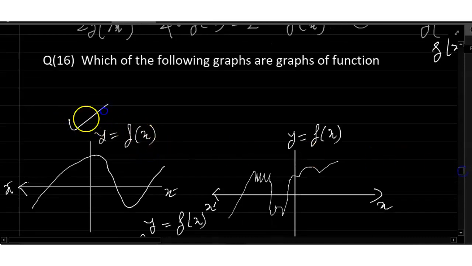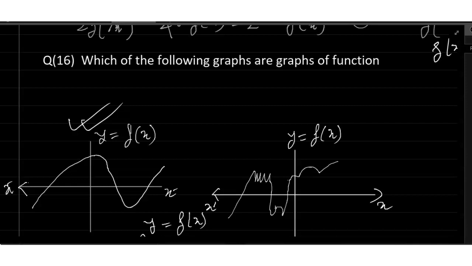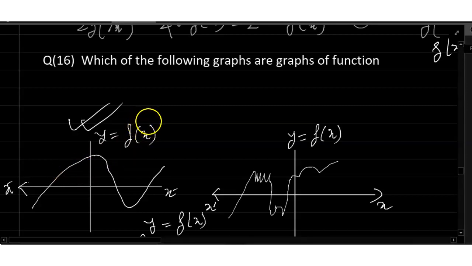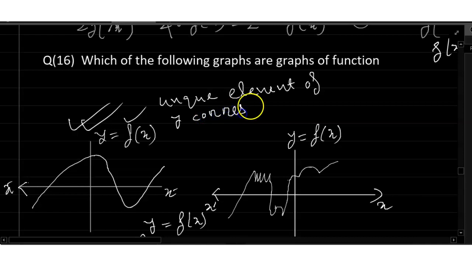in case this is function, this portion or portion is function, because we get a unique element of y corresponding to x. How?